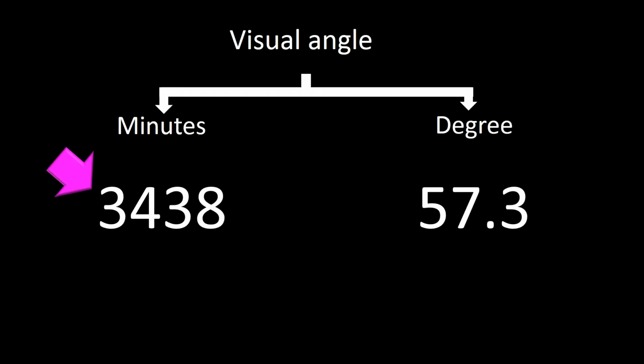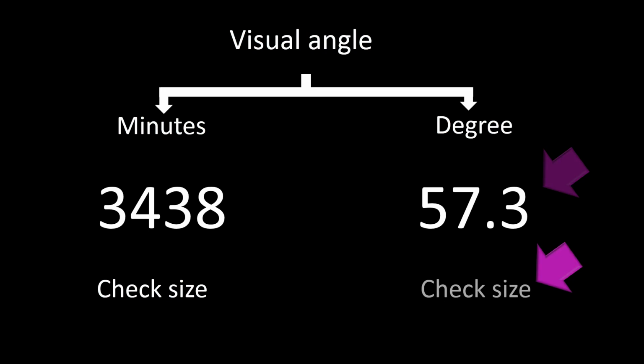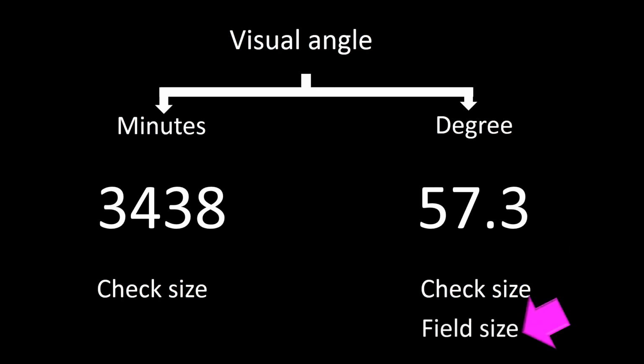The use of 3438 works better for very small areas, so it is often used for checks. The use of 57.3 works for very small areas as checks, and also for slightly bigger areas such as fields or checkerboards.